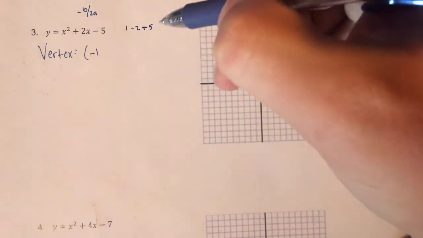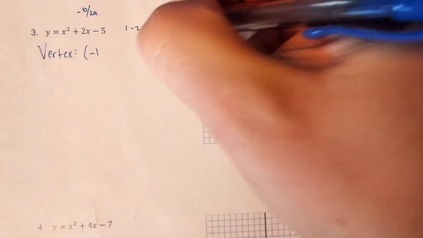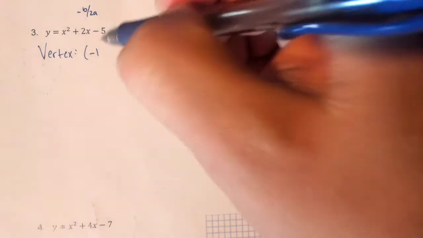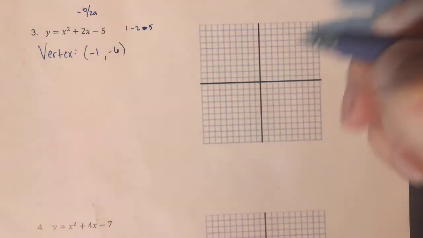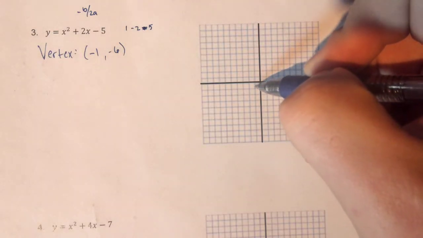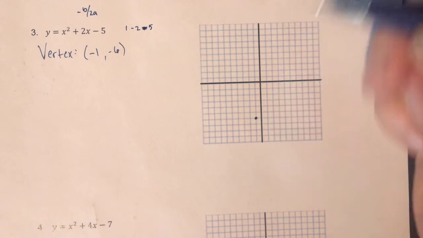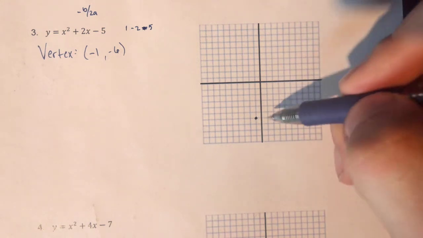So 1 minus 2 is -1, minus 5 more is -6. So my vertex is at -1, -6. 1, 2, 3, 4, 5, 6. Okay, so there is my mirror.